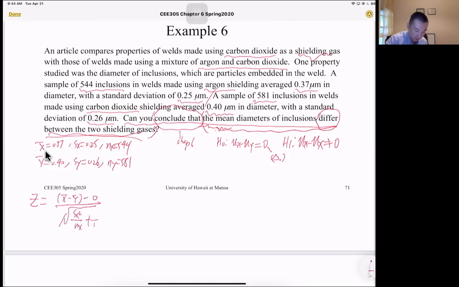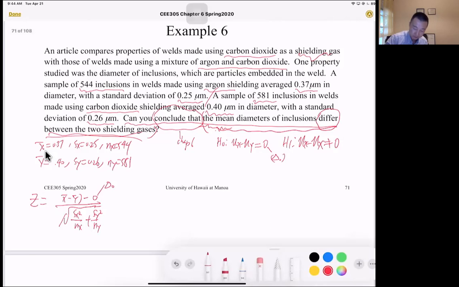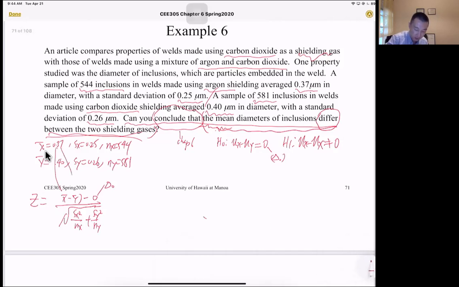The 0 will be the delta 0 here, and we get the sample mean for x, the sample mean for y, sx here, sy here, and nx and ny. So everything is here. So we calculate the z-score is minus 1.97.